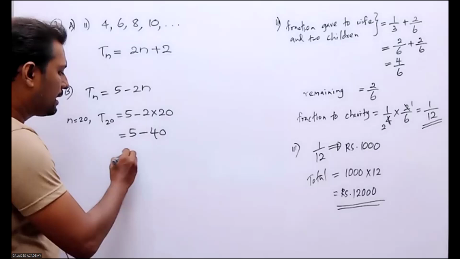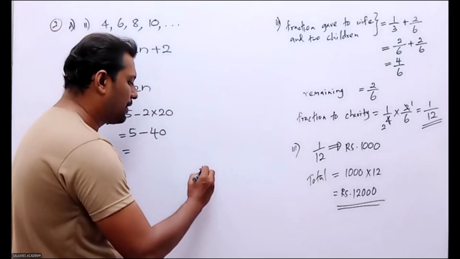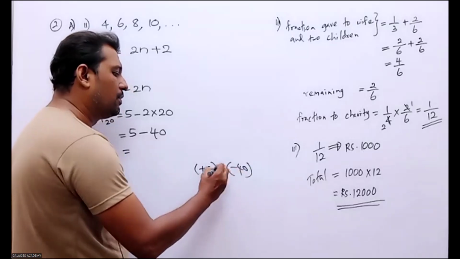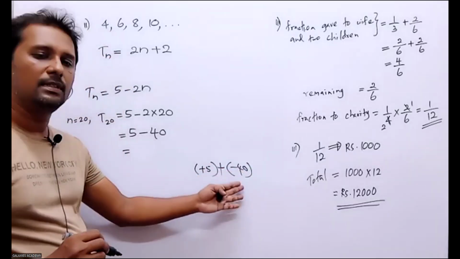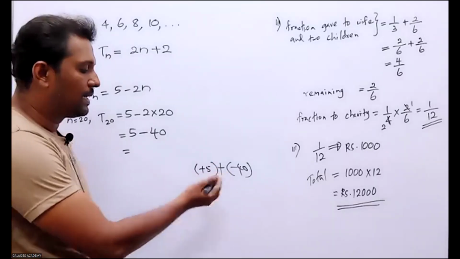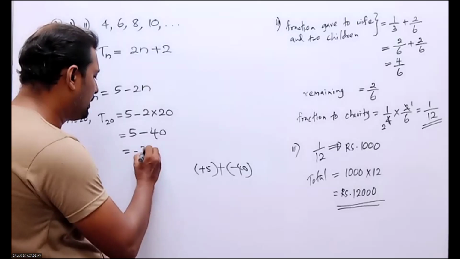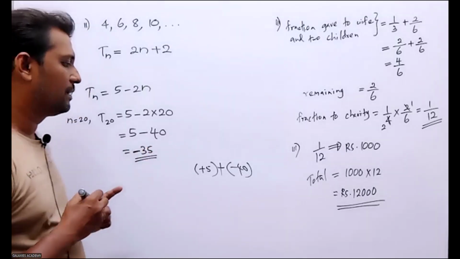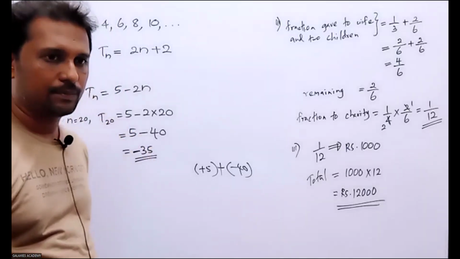Right, then how can you get the answer? This 5 is positive 5. This 40 is negative 40. Then always you add. Directed numbers addition, different signs. So what is the answer? Negative 35. Right, the 20th term is negative 35.